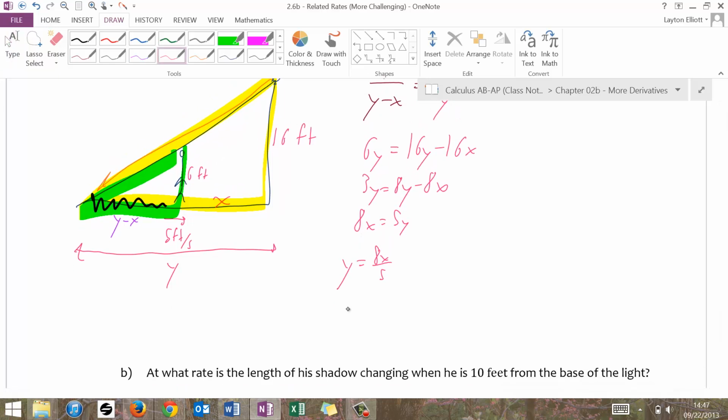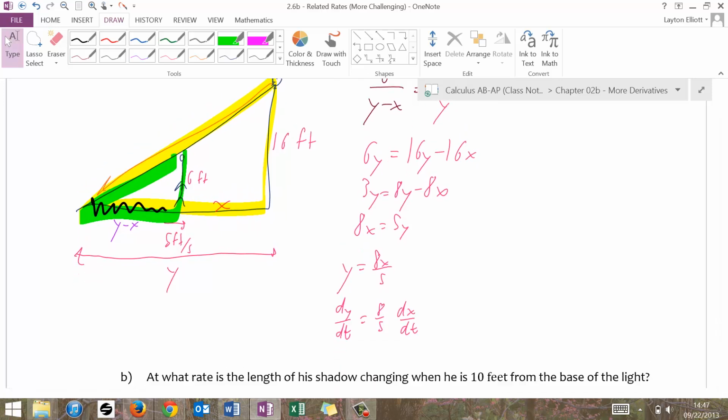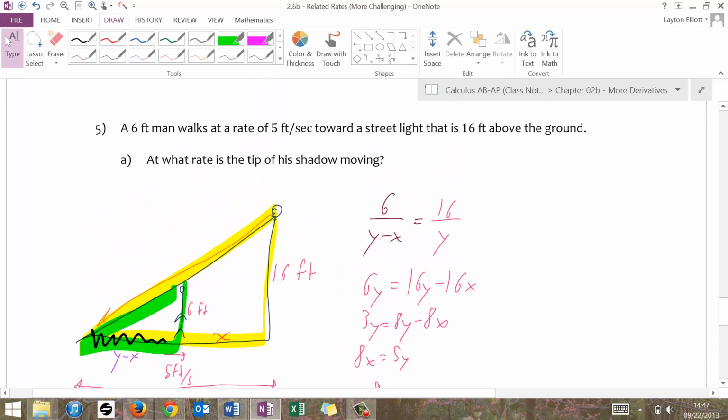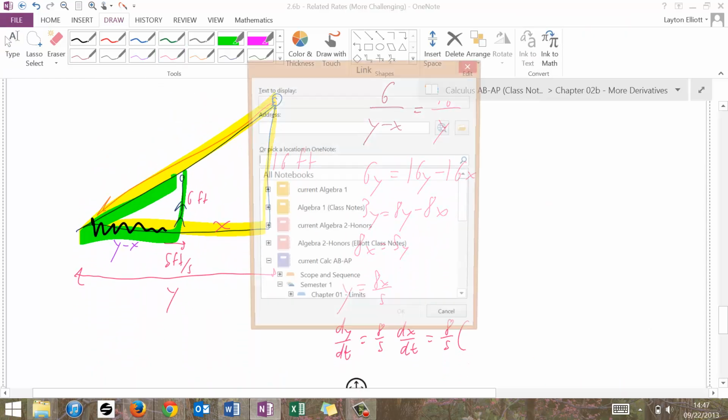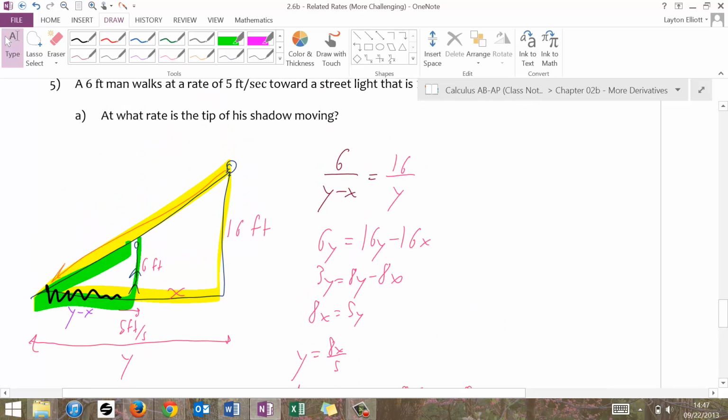And if I start deriving both sides, I get dy dt is equal to 8/5 dx dt. We want to know what dy dt is, and we know what dx dt is. So I can say that's 8/5 times, it says that he's moving at a rate of 5 feet per second, and that is dx dt. So dy dt is 8 feet per second.